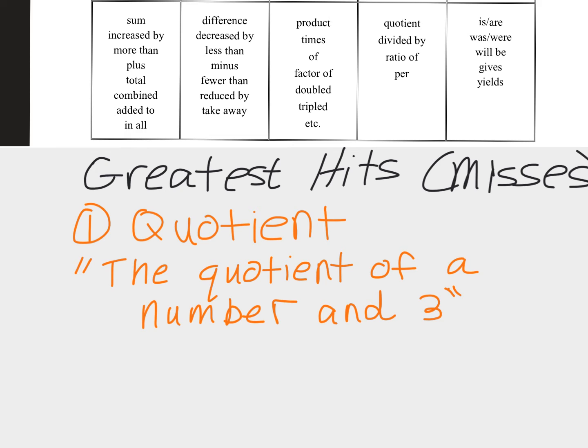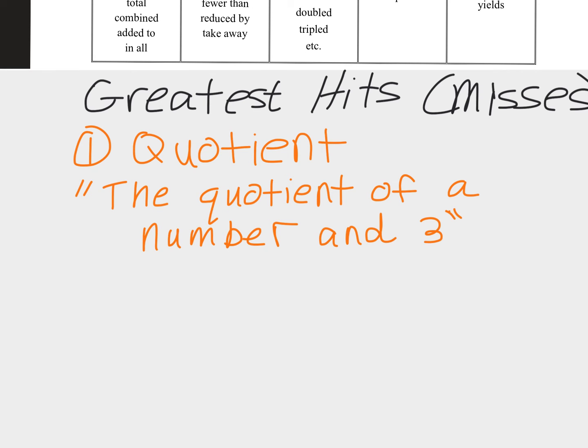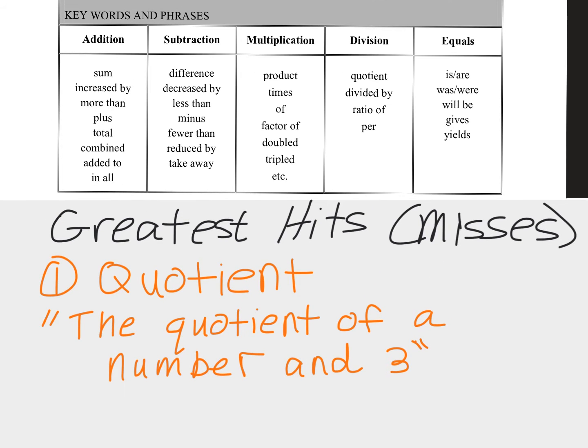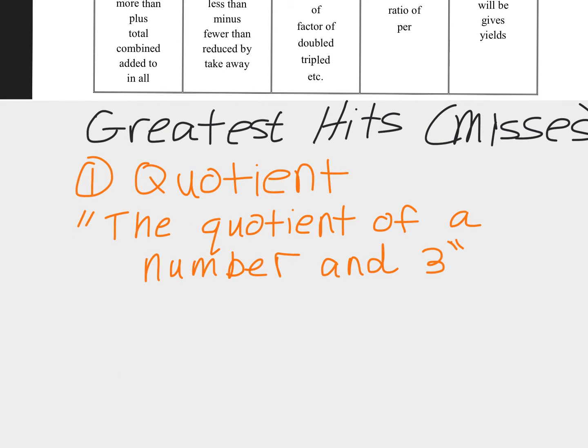That's an example of the type of problem that you might have. And again, quotient, it's right up here under the division, right? This is how we would write it, okay?